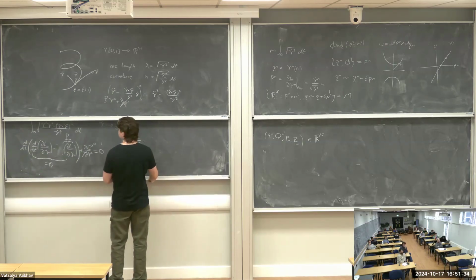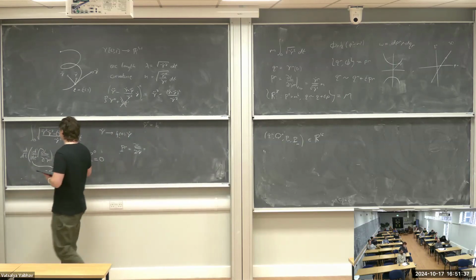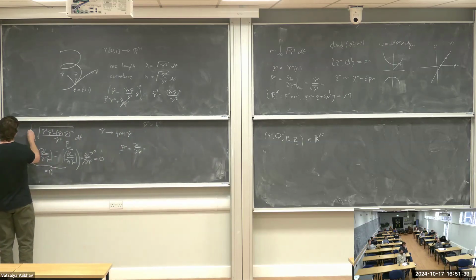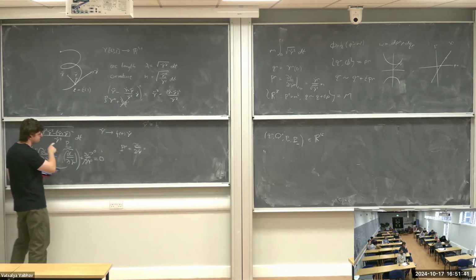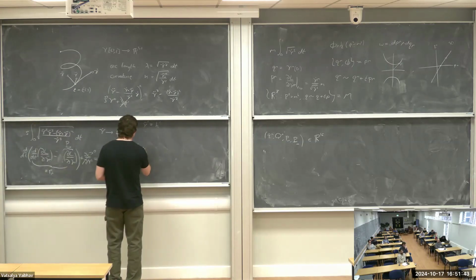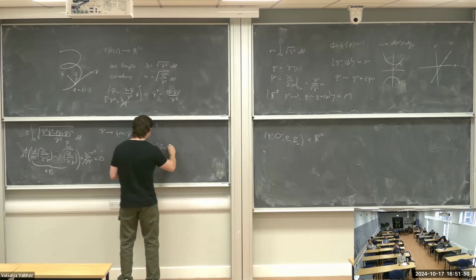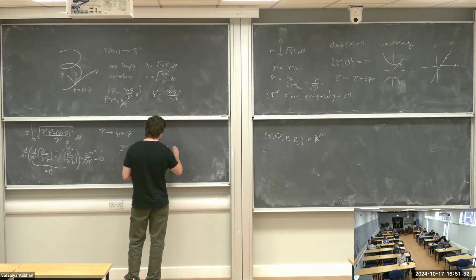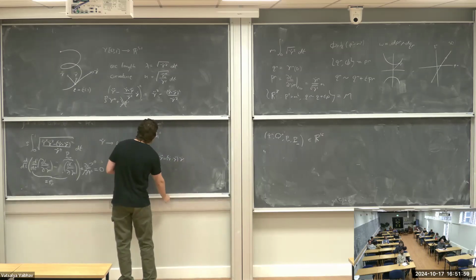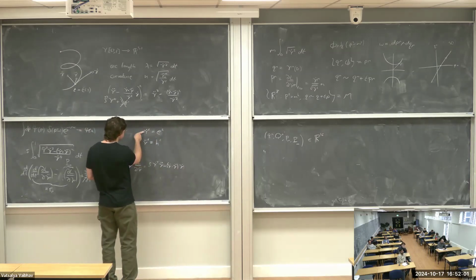Oh, I forgot one other thing, which is I'll stick a parameter in front of here, which I'm going to call S. So this is now S squared times gamma double dot minus gamma dot dotted with gamma double dot minus gamma dot. This is the proper time gauge.